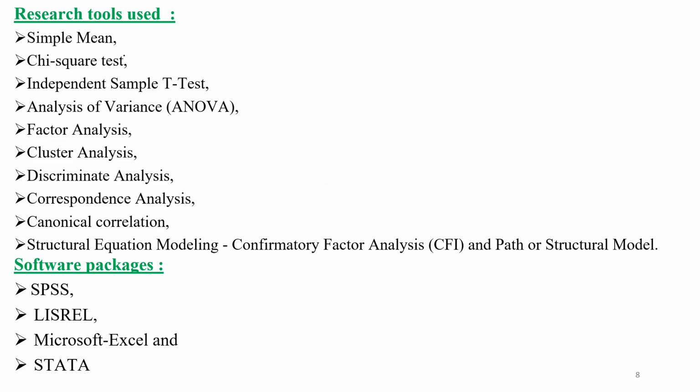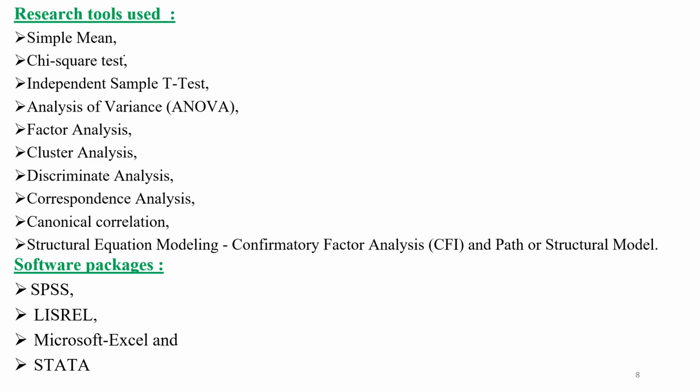Now let us see what are the tools which are available for analyzing the data. We can go for simple mean, that is the arithmetic mean, chi-square test, independent sample t-test, which is also called the Levene's t-test. We have one sample t-test, paired t-test, ANOVA, one-way ANOVA, two-way ANOVA, MANOVA, MANCOVA, like that there are many types under that.